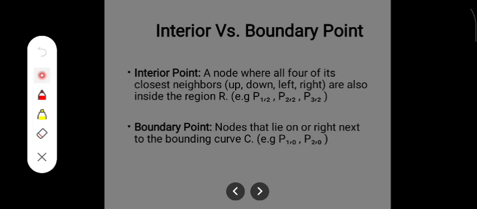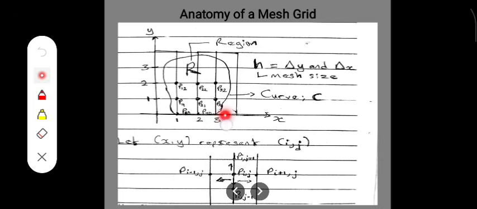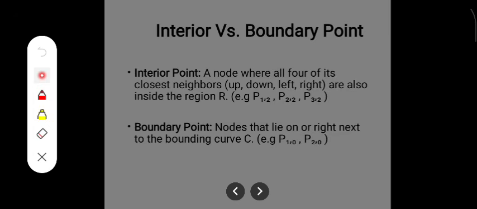Now interior and boundary points, what are the differences? An interior point is a node where all 4 of its closest neighbors, up, down, left, right, or north, south, east, west, are also inside the region.